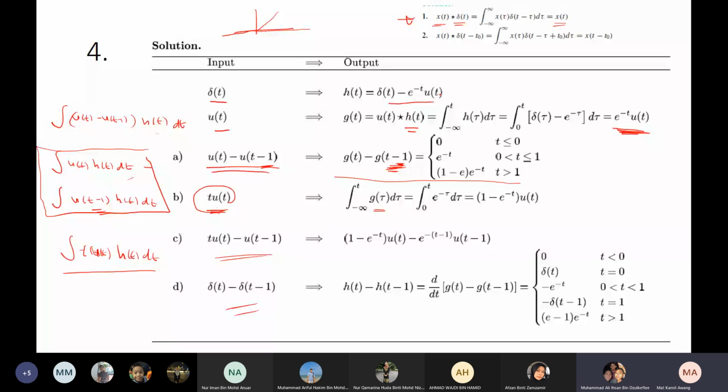What is the output? Convolution. So this is the result. Basically the output actually starts from 0, because before t equal to 0 the value is 0. Cancel out, right?